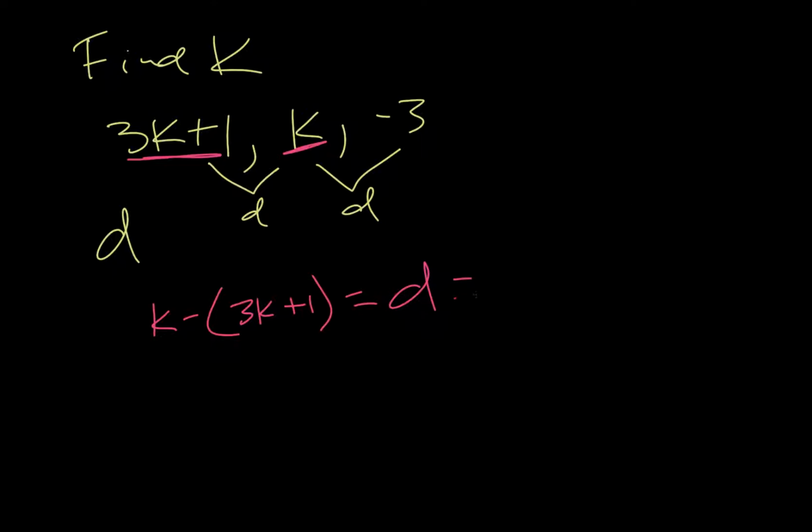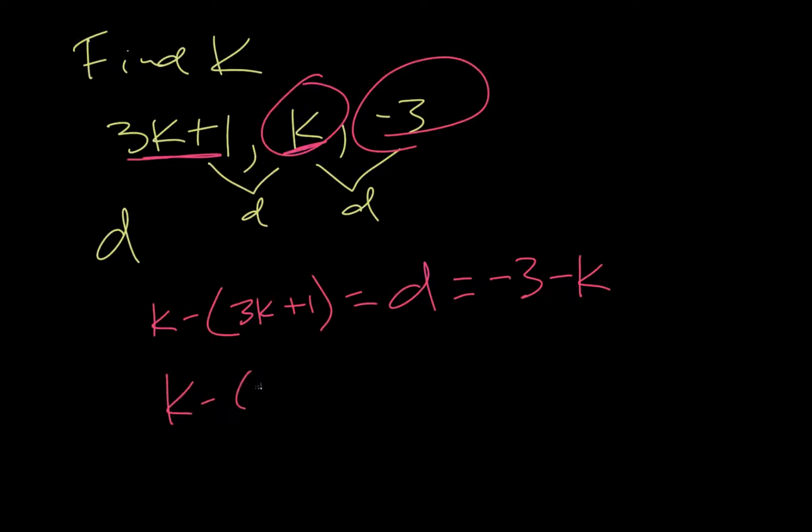Or if we take this minus this, negative 3 minus k, those should equal the same thing. Since they both equal d, we can set them equal to each other. So k minus (3k plus 1) equals negative 3 minus k.